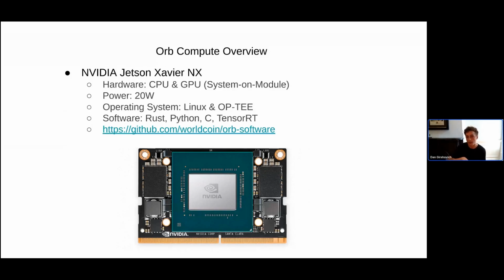And if somebody hacked Linux completely, they still couldn't decrypt those pieces of data. And then on the Jetson, most of the code is in Rust, and we'll see some of that. The interfaces to some of the machine learning models are in Python. Inside of this trusted execution environment for security, we have applets written in C.